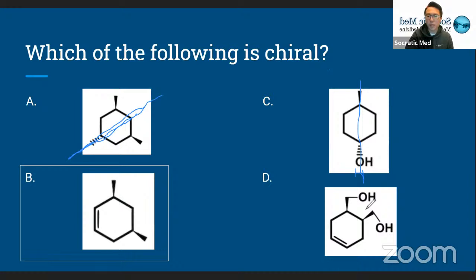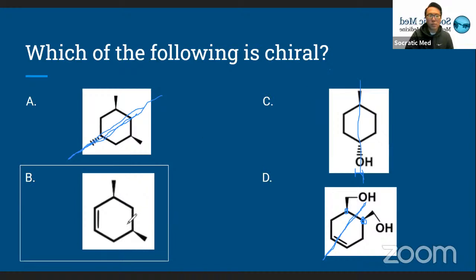And for choice D, you can cut it down in this plane right here, and it would be symmetrical on both sides. So if you can draw a line and both sides are symmetrical, then it's not considered a chiral molecule, even if it has chiral centers. These carbons right here are chiral centers, but this molecule as a whole is not chiral because of these internal planes of symmetry.